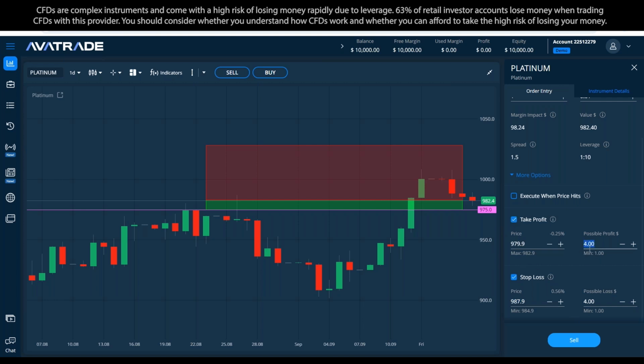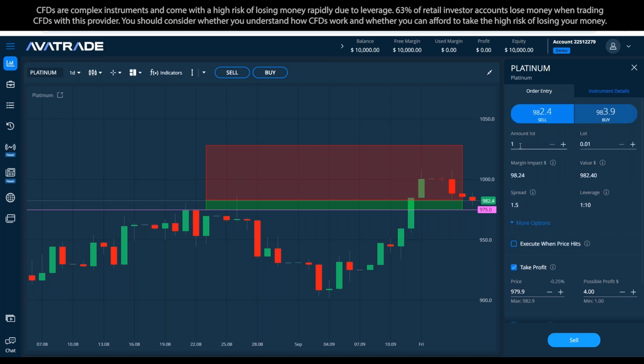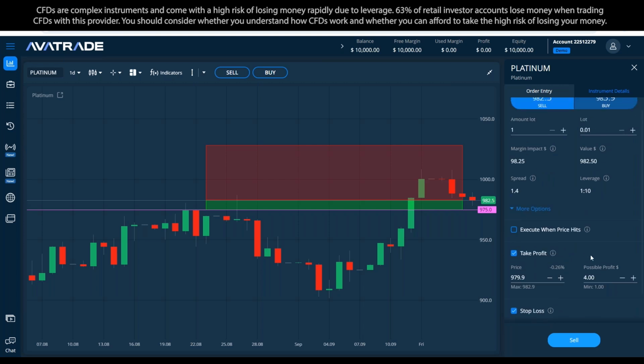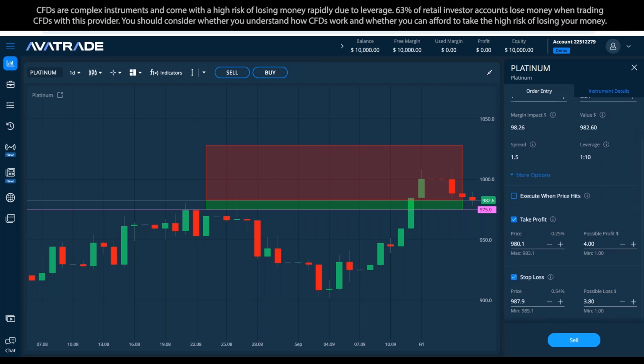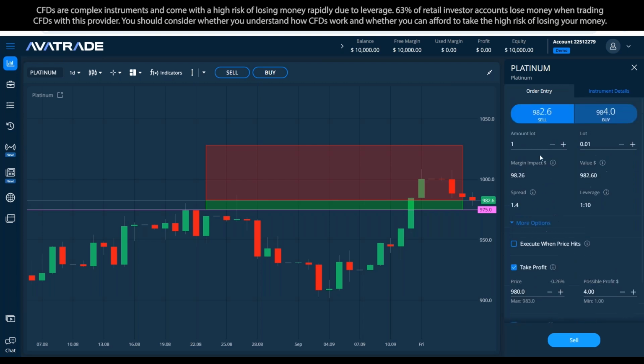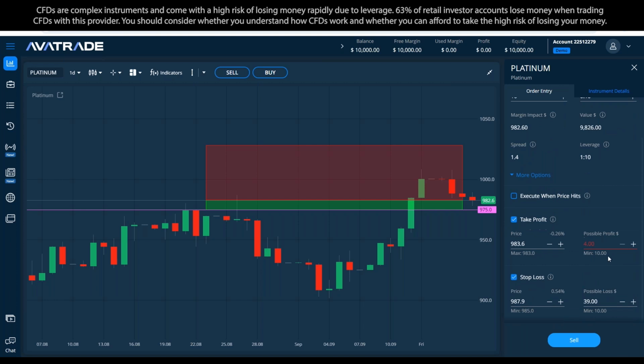Now, this shows us the possible profit. This shows us the possible loss. And we can see that this is $4 away, and we are with 1 unit, right? So that means if it moves this way, we can gain $4 for every unit. Let's click it again.